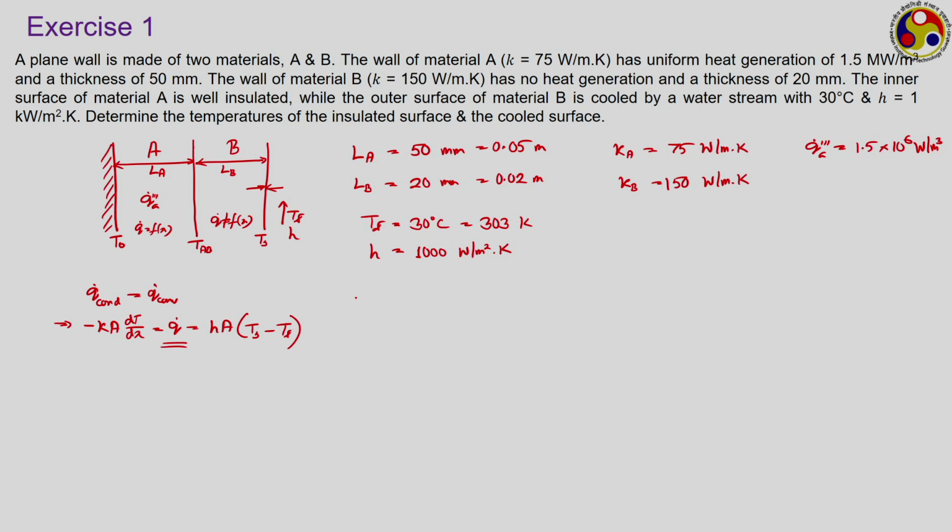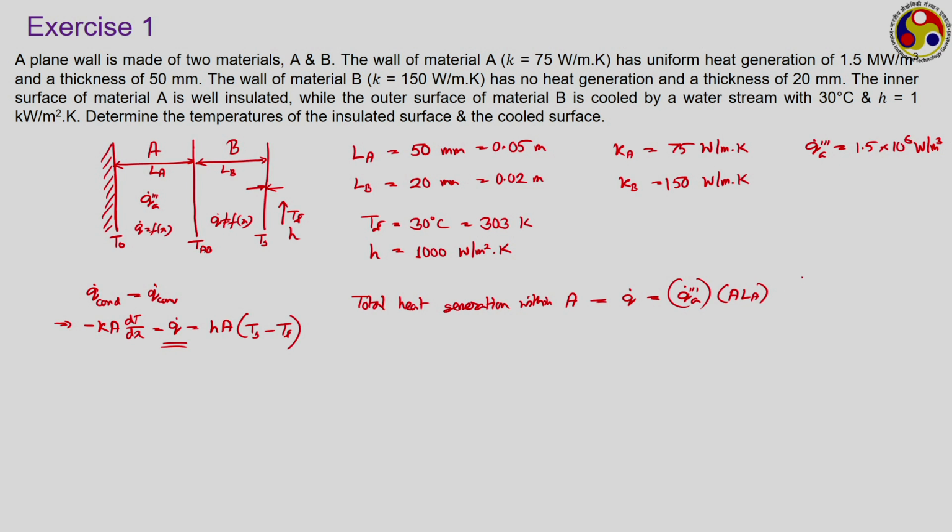So, the total heat generation within A should get transmitted through B as it is. So, this is the q dot that I am looking for, and that should be written as q_G triple prime into the volume of this block A, which is nothing but cross-section area into L.